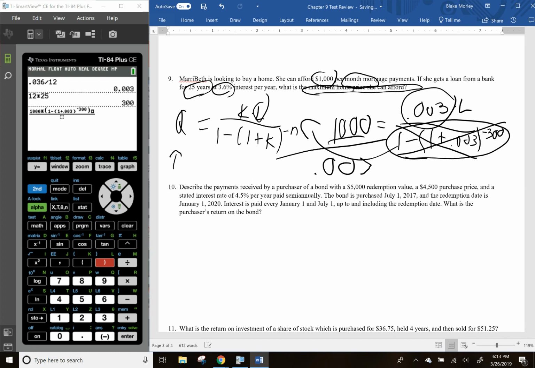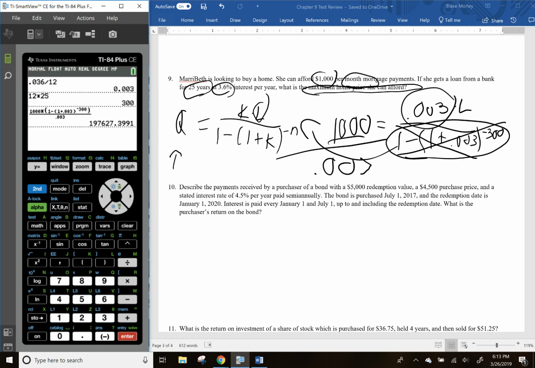So I'm going to take that side and divide it by 0.003 and get $197,627.39. So that is the mortgage or home amount that Mary Beth can afford, given that interest rate, that time period, that amount per month.